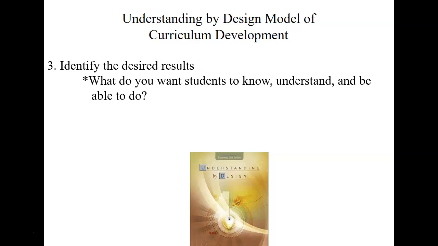What should students know? In other words, what facts and discrete pieces of information should students know at the end of the unit or course? What concepts do they need to understand at a deep level? And then what skills do they have to have mastered?